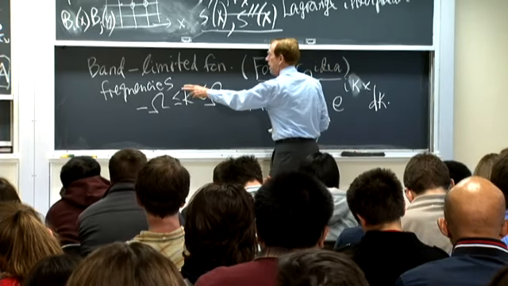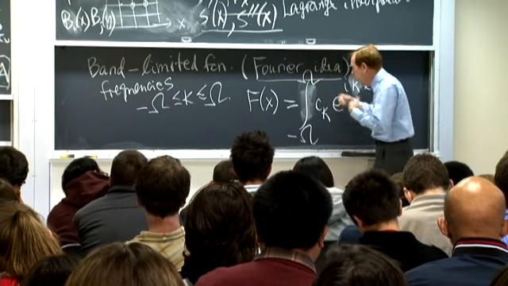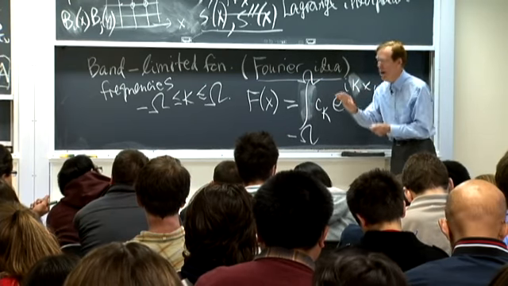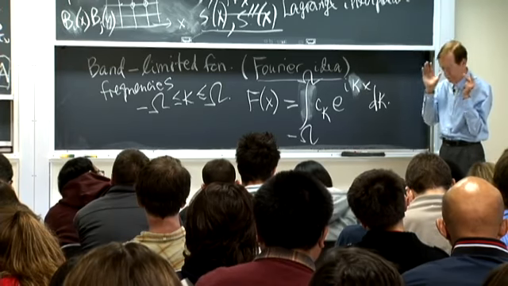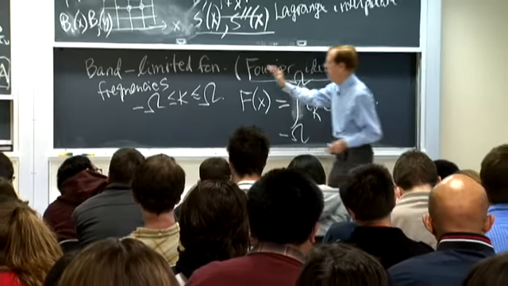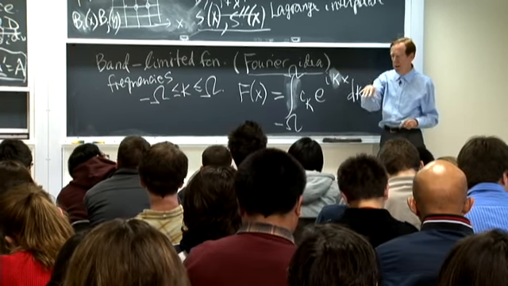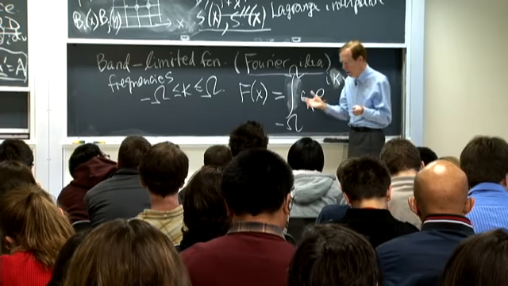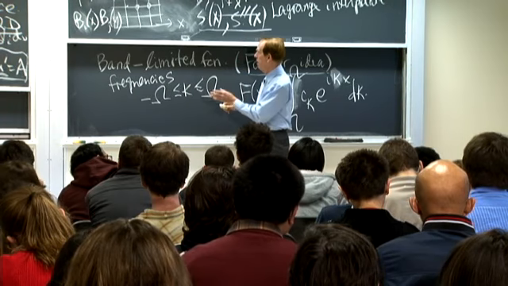Band-limited means that the frequencies in the function, these e to the i kx's, are not there for high frequencies. High frequencies are out for a band-limited function. And then Shannon has a formula for the natural way to fit a value.